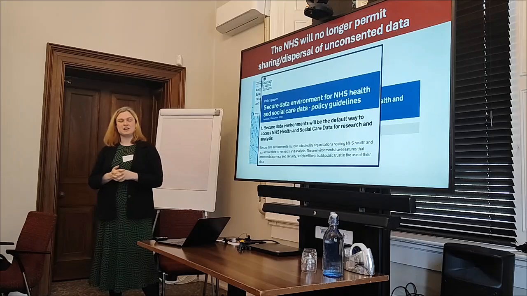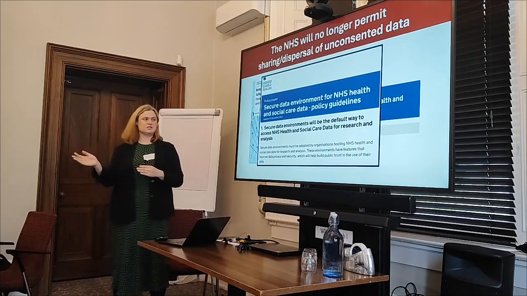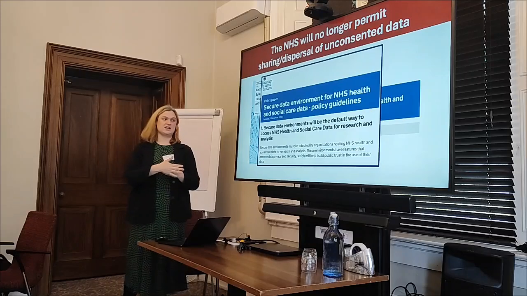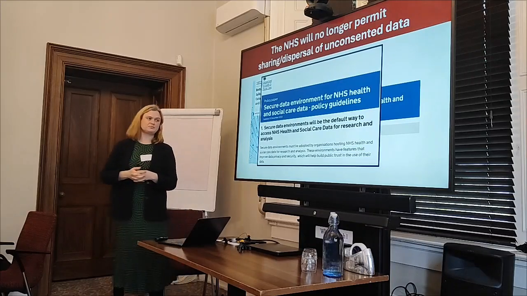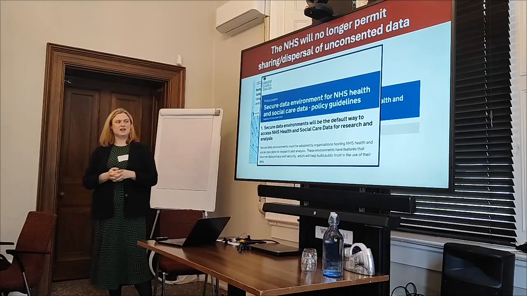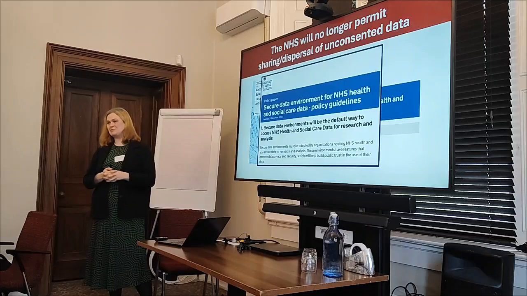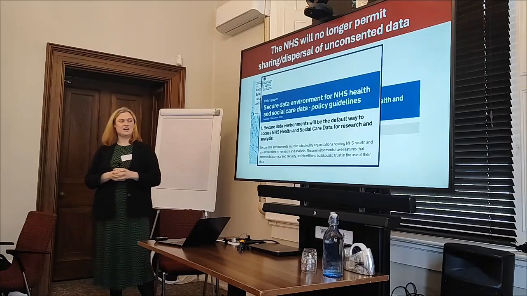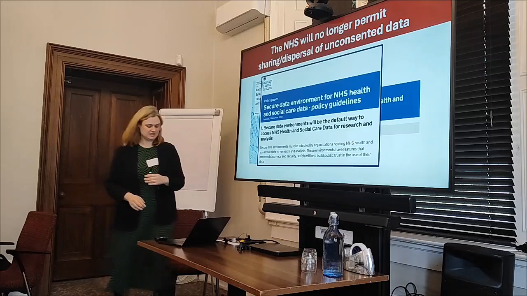There is a policy going in at the moment towards a data access route, and that's the legal gateway for this data to be used for research. But again, that is still being developed, and the implications of that have not been fully thought through, or what that pathway looks like.